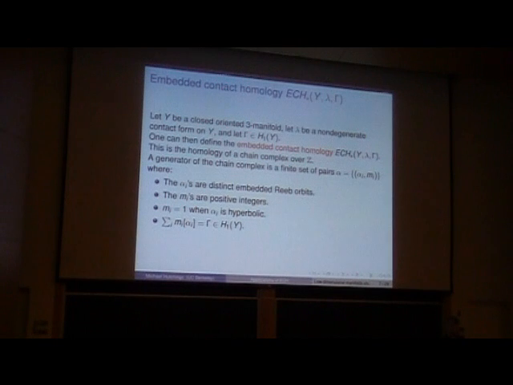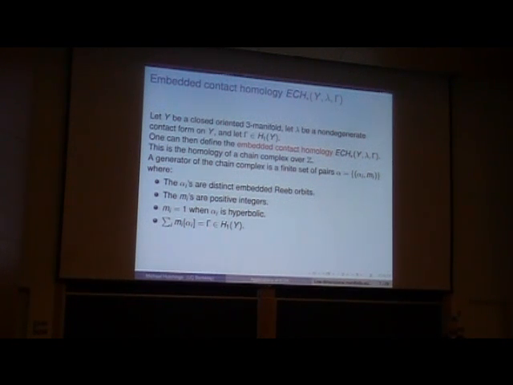So I have a finite set of pairs alpha_i, m_i, where each alpha_i is a different embedded Reeb orbit, and the m_i's are positive integers, which you can think of as multiplicities. The total homology class of these Reeb orbits with their weights is constrained to equal gamma.